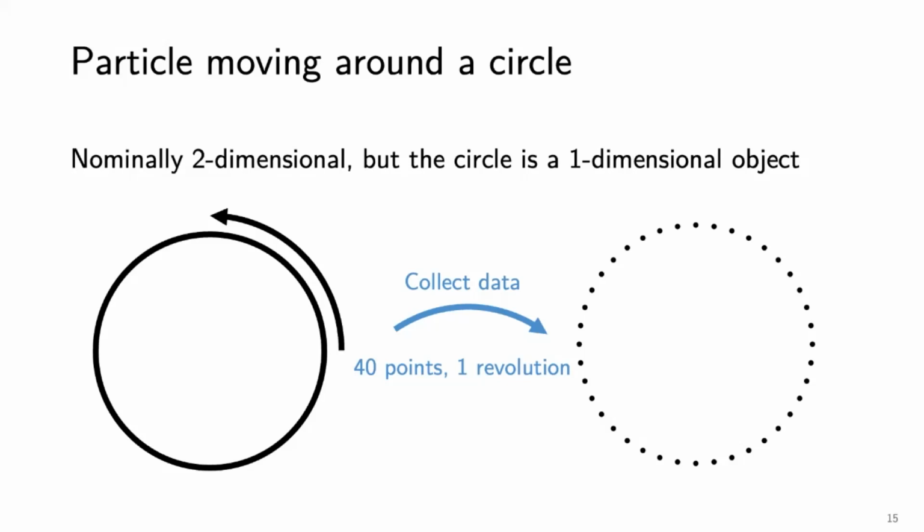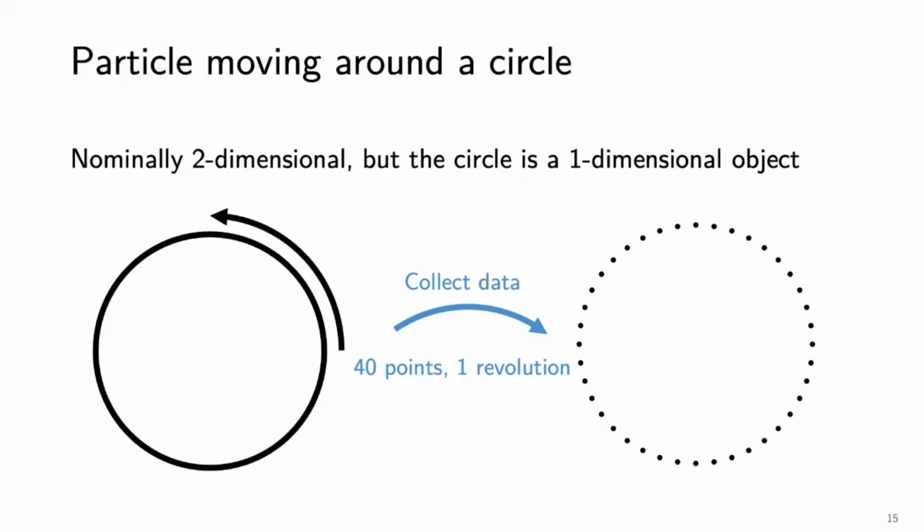If you zoom into a piece of the circle, then a piece of it is just a one-dimensional curve. And so we should be able to come up with a one-dimensional description of this very simple dynamical system. We're going to use our procedure to do that. The data that we have will consist of 40 points, equally spaced along the circle, that correspond to one revolution around the circle.